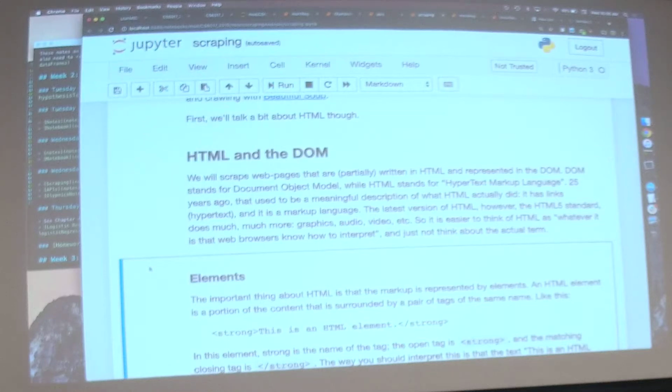We're going to talk about two approaches, which are scraping and web APIs. Scraping, I think you've seen a little bit before, right?